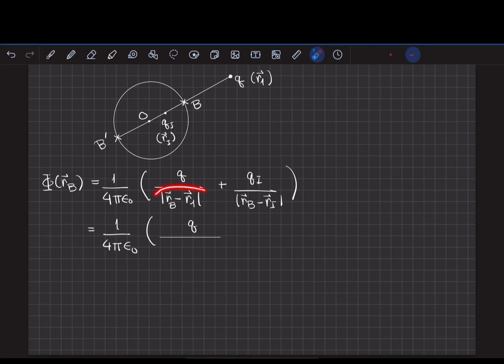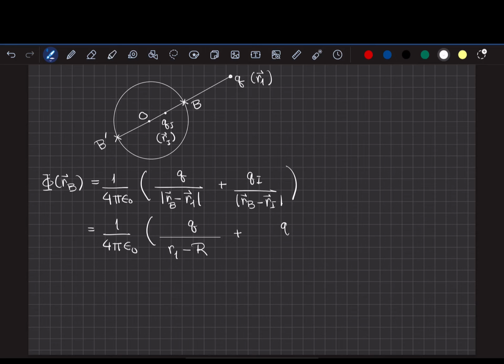We need to find the distance between the point R1 and the point B, which is given by this distance, and this can be found by simply doing R1 minus R. So this is our R1 and this is our R. We just subtract R from R1 and we get this distance.